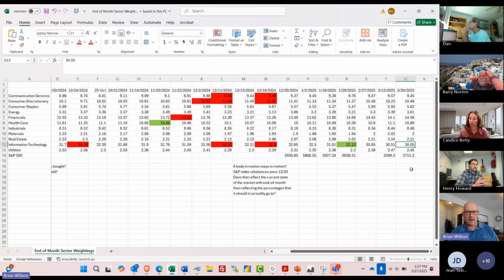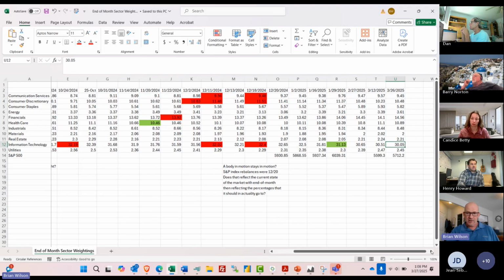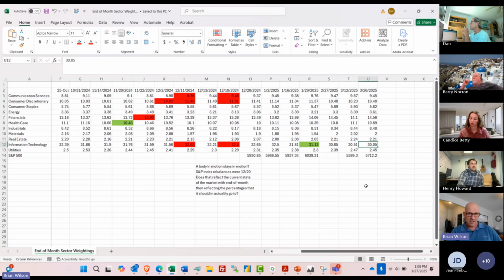Tech tends to drive the S&P 500. Well, the S&P 500 has struggled, so we're waiting for that to change a little bit. For this number to start increasing over time, obviously right now it's going the wrong direction. I don't know if that changes at quarter end. It could be just a continuation of the same trend that we've been seeing.